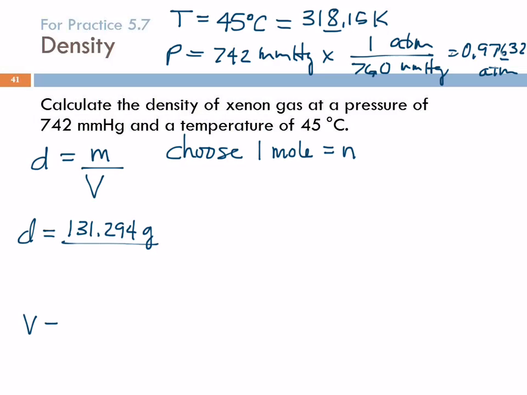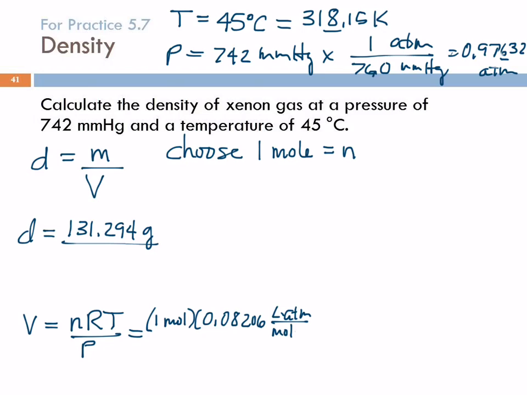So volume equals nRT over P. I chose n to be 1 mole. R is always the same, 0.08206 liter atmospheres per mole Kelvin. The temperature is 318.15 Kelvin. Yeah, I'm getting sloppy.